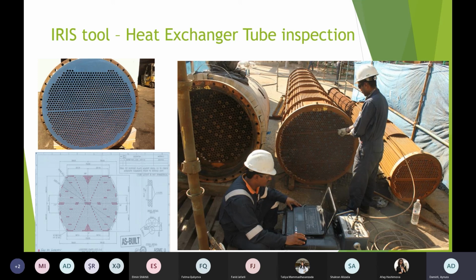In most cases, we have a tube and shell heat exchanger bundle, like this, you can see here. The bundle is sitting inside the shell, and in most cases, we need to inspect them separately.